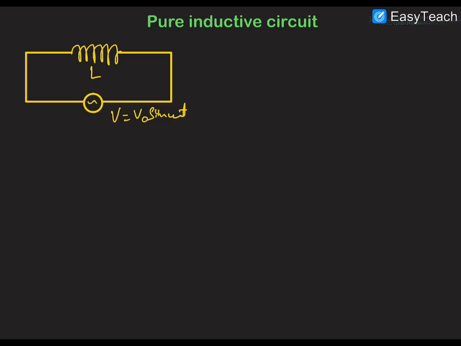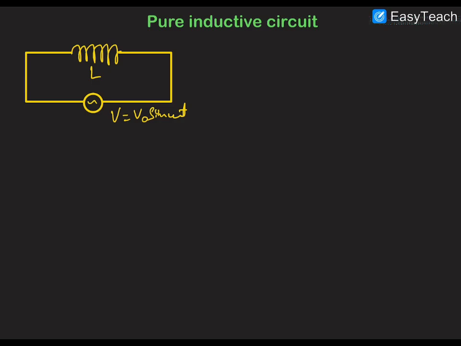But let me tell you again that when we shape a wire in the form of a coil, then that wire has inductive properties, as well as we know that the wire will definitely have some resistance, because there is no conductor which does not have any resistance.